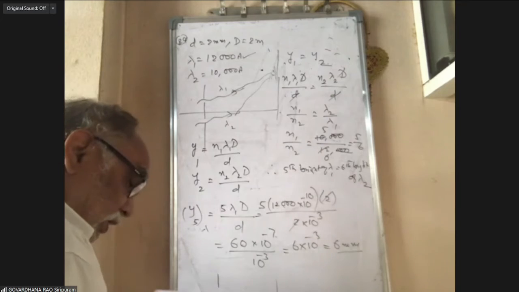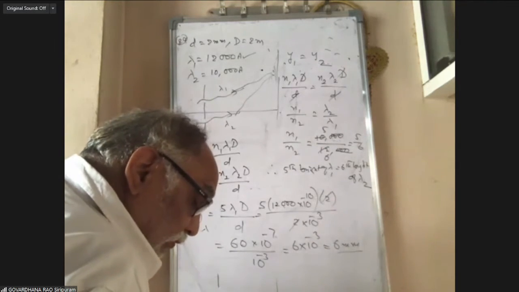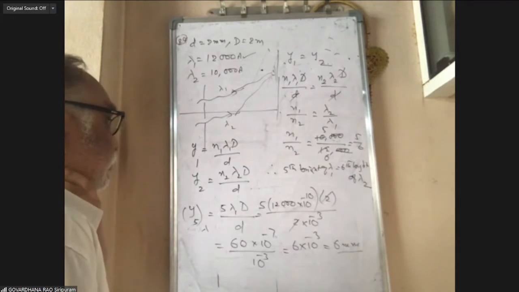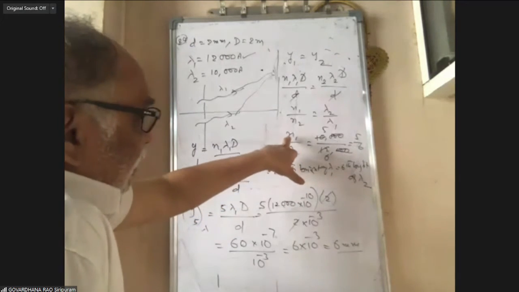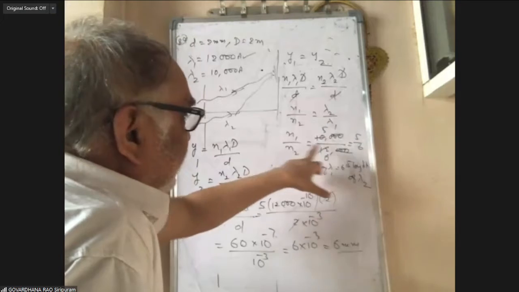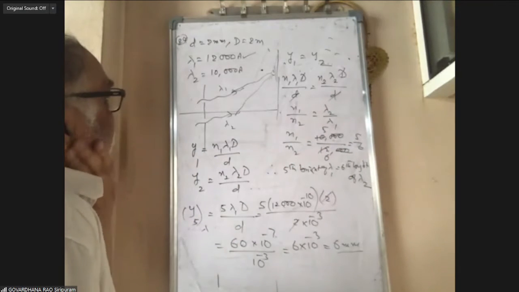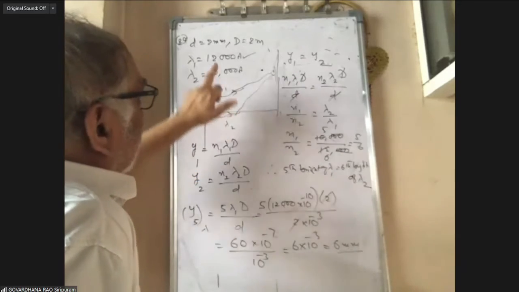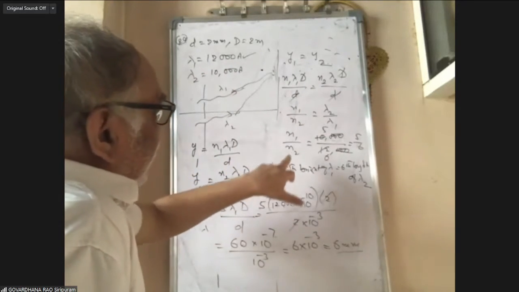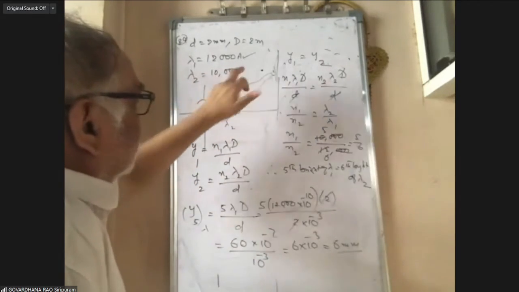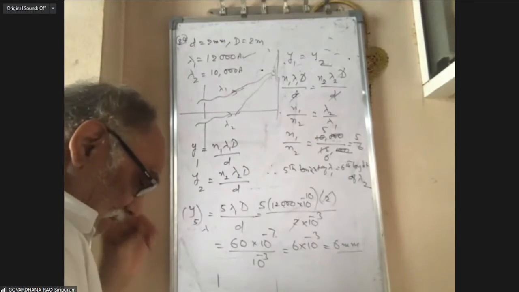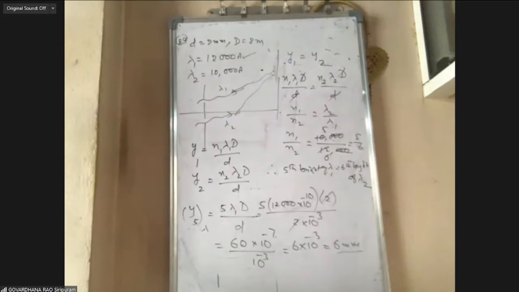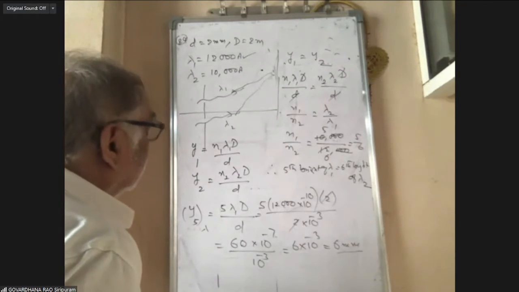Sir, how did you get that the fifth bright fringe of lambda 1 equals the sixth? n1 is 5, n2 is 6. n1 belongs to lambda 1 and n2 belongs to lambda 2. Sir, why is the minimum distance for the sixth bright fringe of lambda 2 also not the answer?